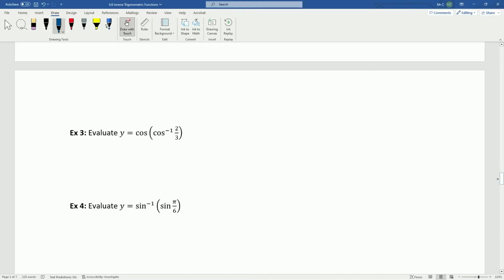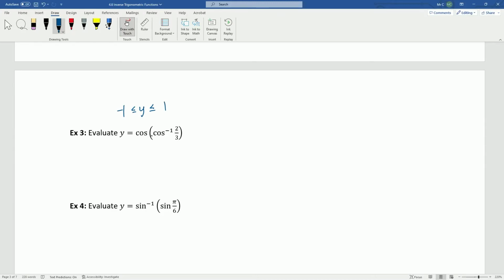Okay, so now let's take a look at y equals cosine of cosine inverse of 2/3. So the key here is the restriction we have to be worried about with all of these composition problems is the output. So when I look at y equals cosine, I have to think about what outputs do I get for cosine, not cosine inverse. What outputs do I get for cosine? And cosine can output anything between -1 and 1.